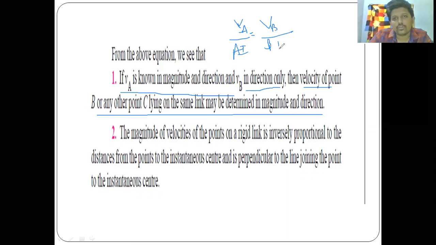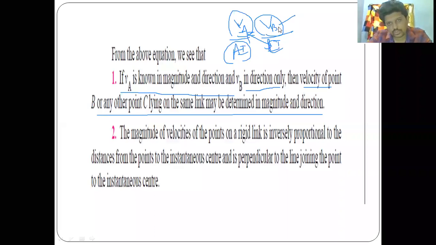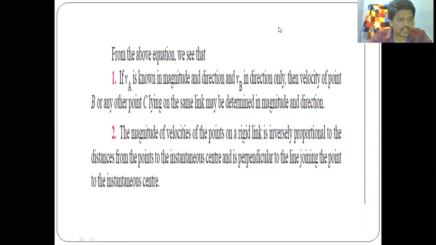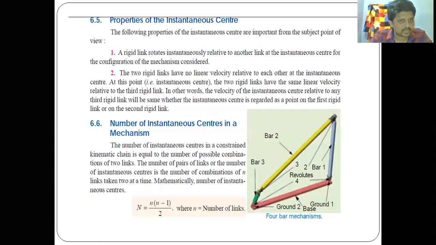If you want to find VB, cross multiply. If you know AI and BI, and we know the magnitude of VA, we can find VB. This is how we can find the velocity of unknown points of a link using the instantaneous center method.